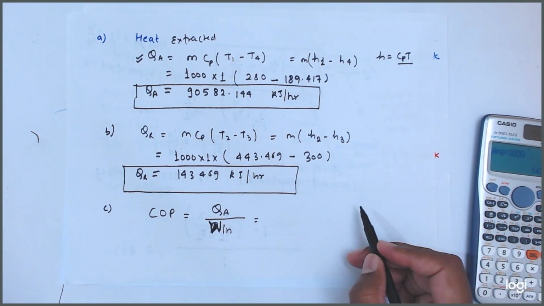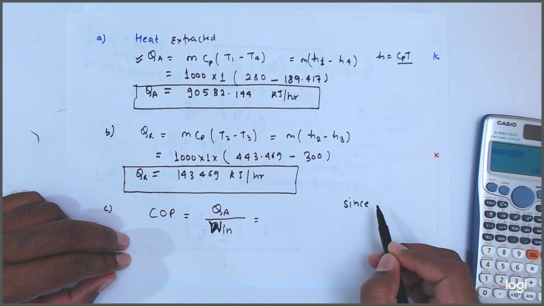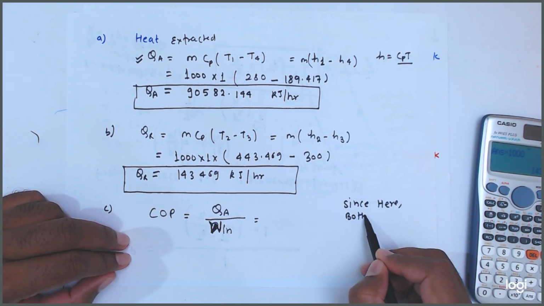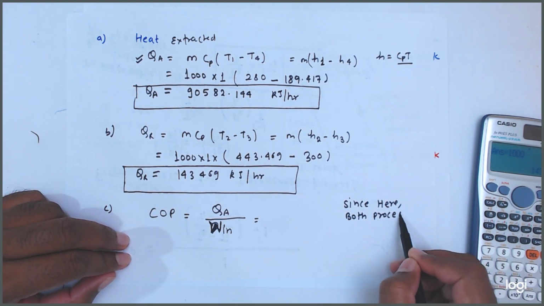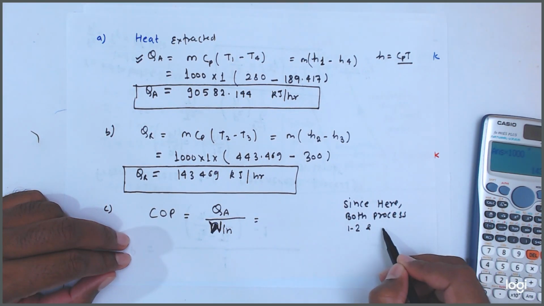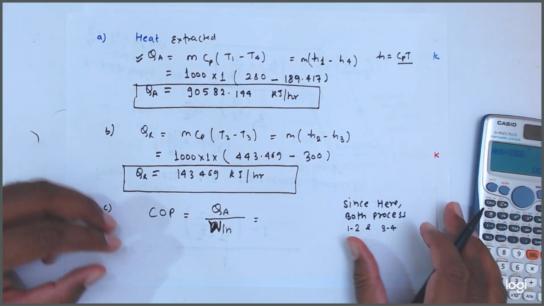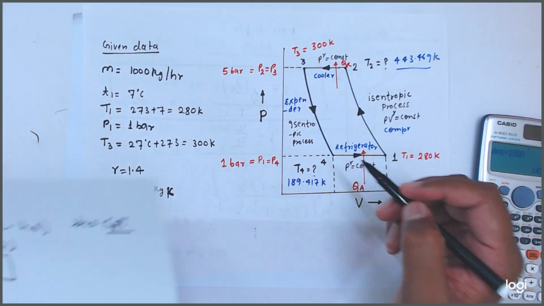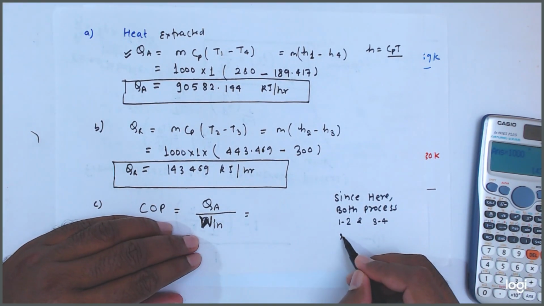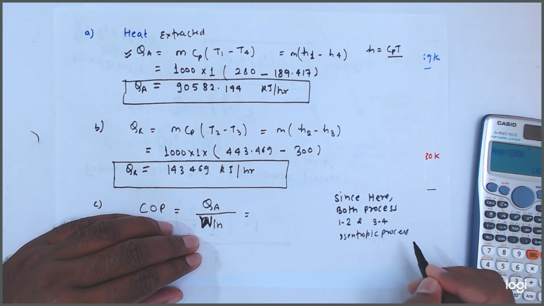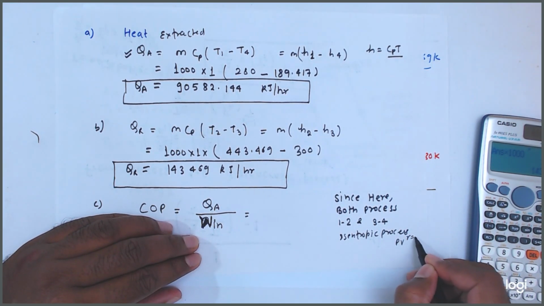Okay, friends, since both processes, means process 1 to 2 and 3 to 4, this 1 to 2 and 3 to 4 is an isentropic process. Okay, and Pv to the power gamma is equal to constant.